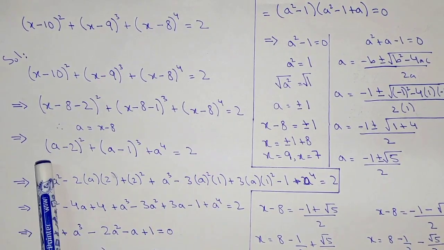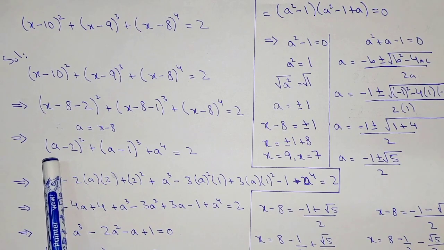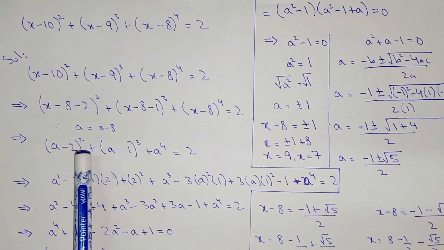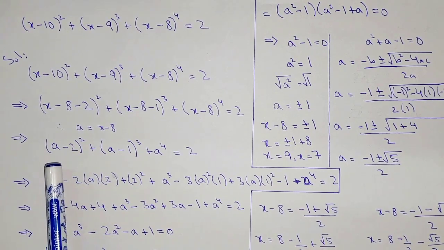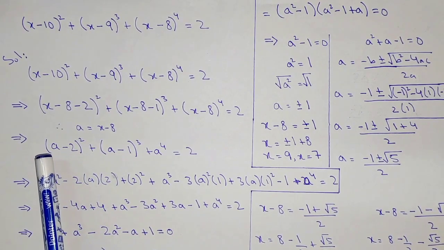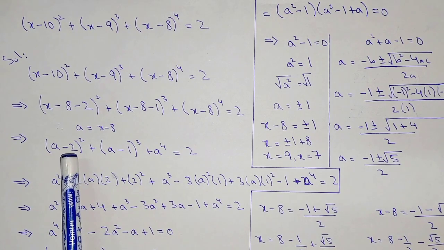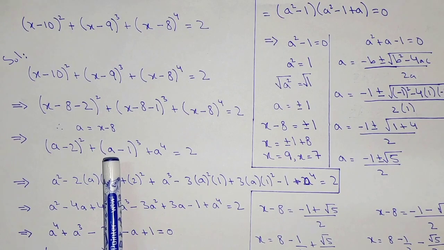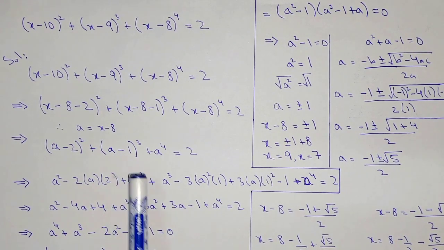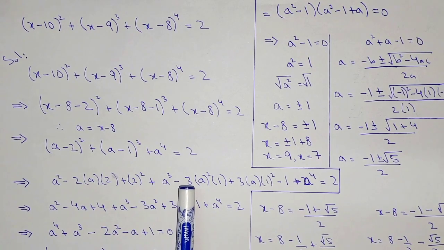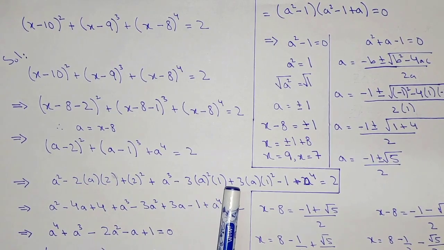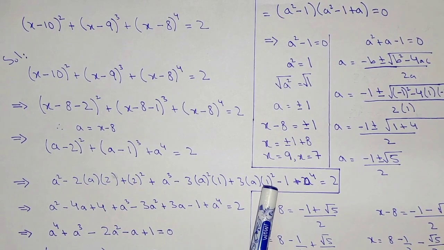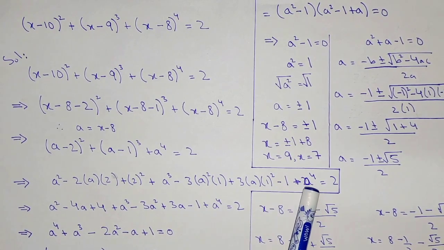Now applying the formula, (a minus b) whole square is equal to a square minus 2ab plus b square. So here we have a square minus 2 into a into 2, plus 2 square, plus, applying the formula (a minus b) whole cube equal to a cube minus 3a square b plus 3ab square minus b cube, plus a power 4 equal to 2.